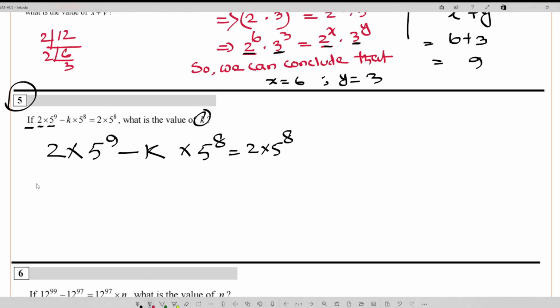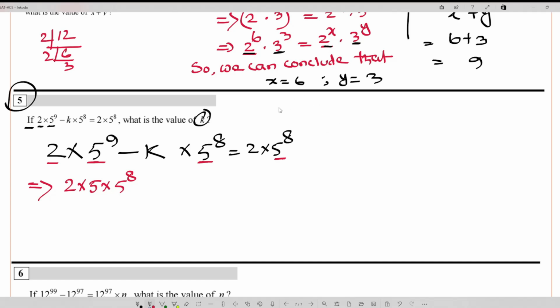Look, here is 2 times 5 to the power 9, but here is 5 to the power 8, here is 5 to the power 8. So we can make this 5 to the power 9 into 5 to the power 8. How? 2 times 5 to the power 8.